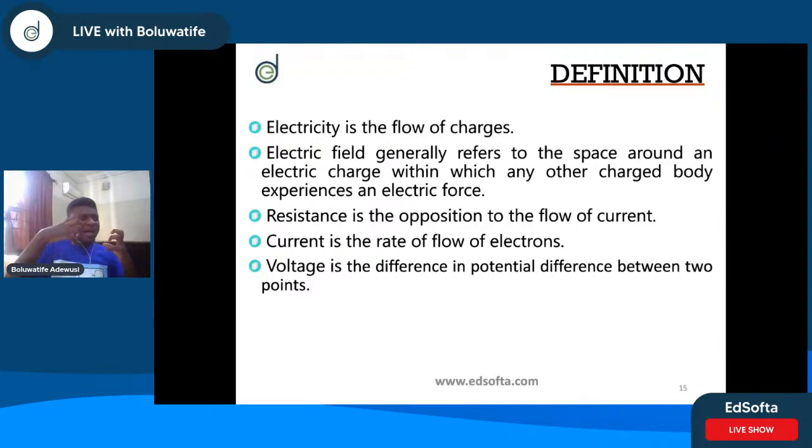So that's a picture you could paint with resistance. You're not totally cutting water off, you're just restricting how much water gets to the bucket. That's resistance.